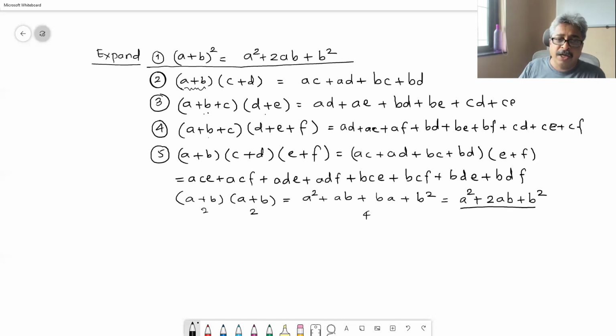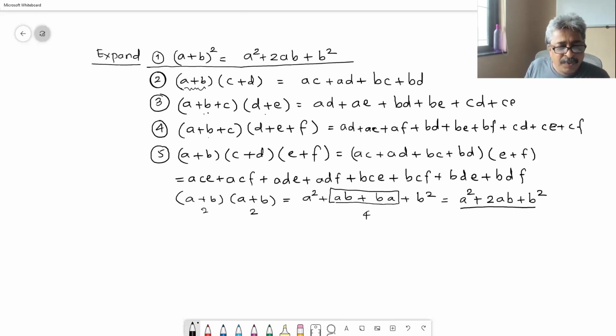And here, from 2 to 5, every time the coefficient of each term was 1. However, this is the first time we end up getting the coefficient of this combined term as 2. Because we don't want to write it like this. This is ugly. This is long. Therefore, we club them because we know multiplication is commutative and end up getting 2ab.